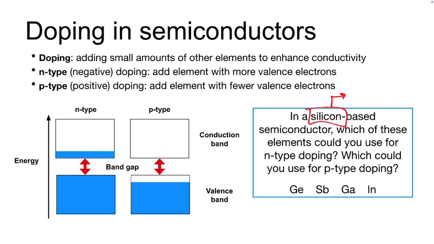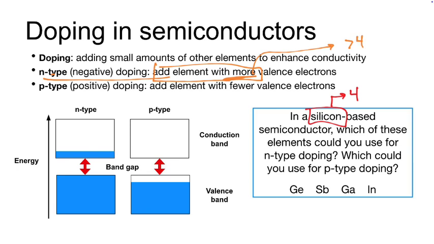How many valence electrons does our silicon have? We have 4 valence electrons. If we're going to do N-type doping, an N-type is an element that has more. So I need anything with more than 4 valence electrons.